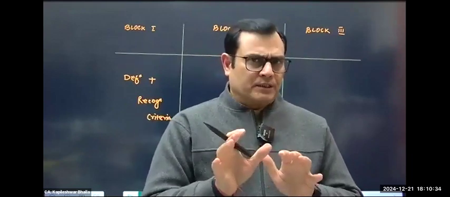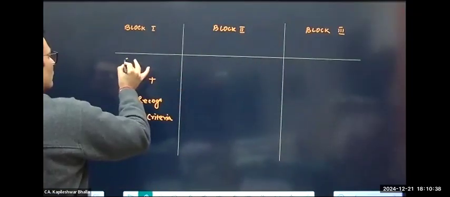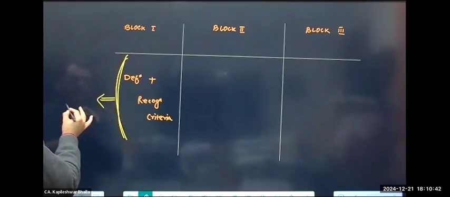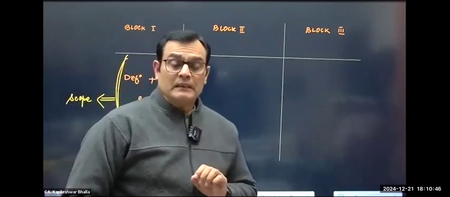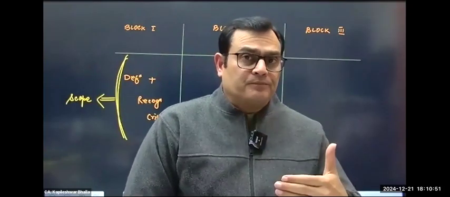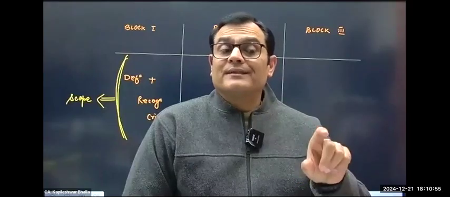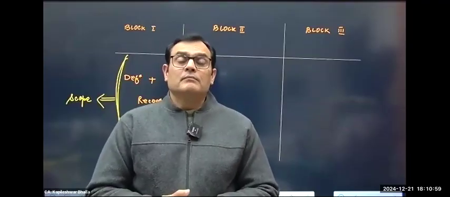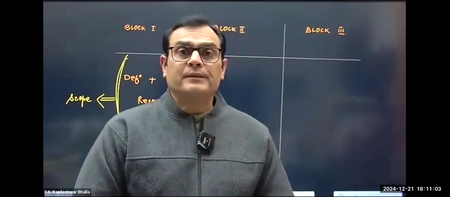And at few places, not many places, along with the definition and the recognition criteria, it is also important to look at the scope of the standard. Because sometimes you will meet a definition, you will meet a recognition criteria, but the scope of the standard says that it is not covered under this standard, maybe because there is a certain specific standard which deals with the matter.